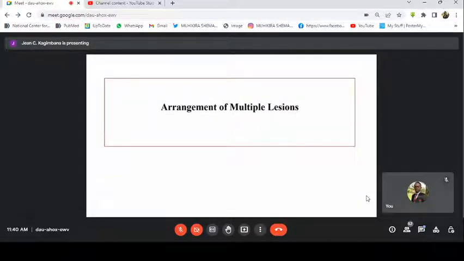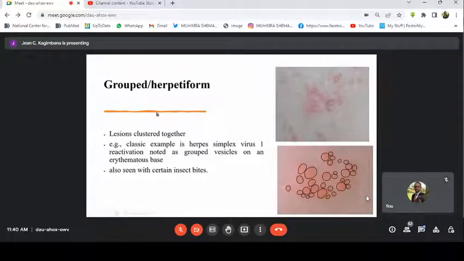Now, we may go to the arrangement of multiple lesions, again to characterize lesions. Lesions may be grouped. When they are grouped, they are called herpetiform. Okay? Here, they are grouped vesicles, filled with clear fluids. They have different sizes. Like here, this is a bulla, because this is bigger, and this is small, a vesicle.